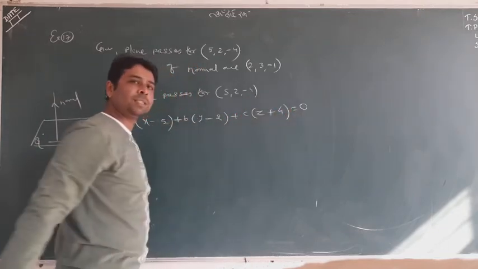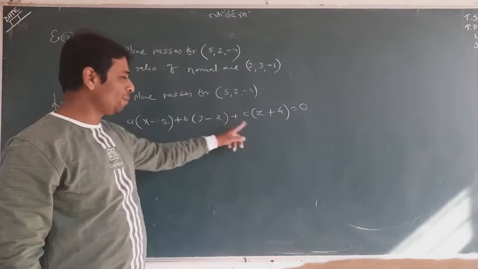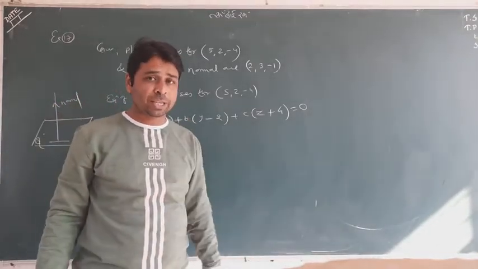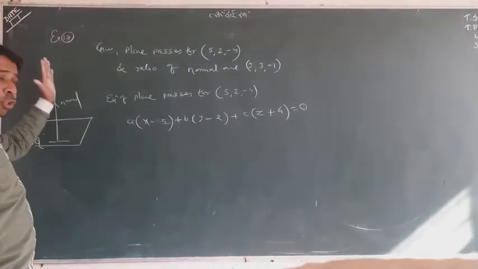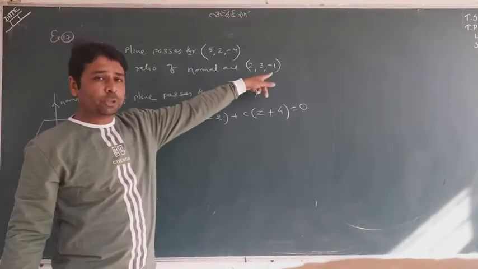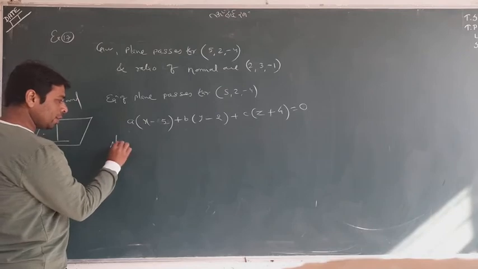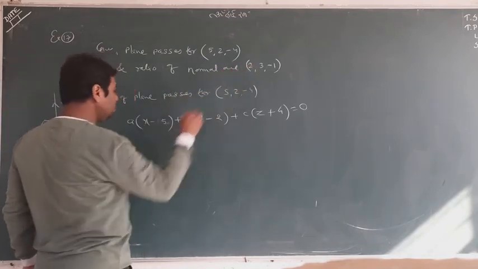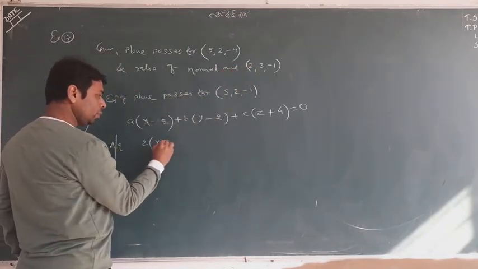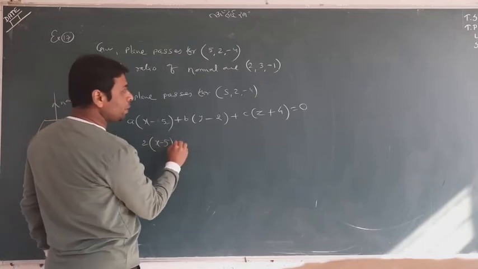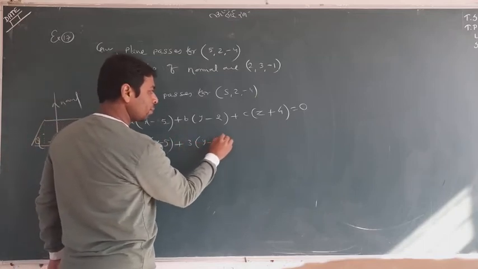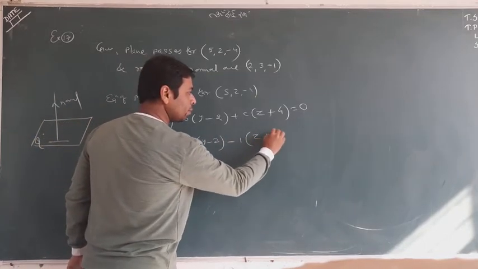This is going to be the answer, but you don't know what ABC are. ABC are the ratios of the normal, which are given. So as per the question, A is 2, B is 3, and C is minus 1.